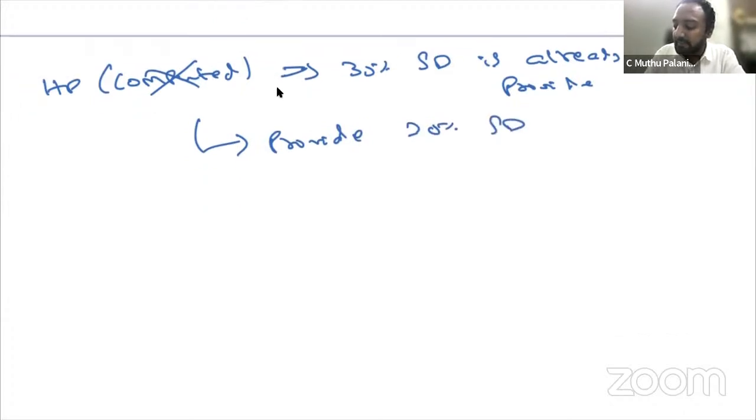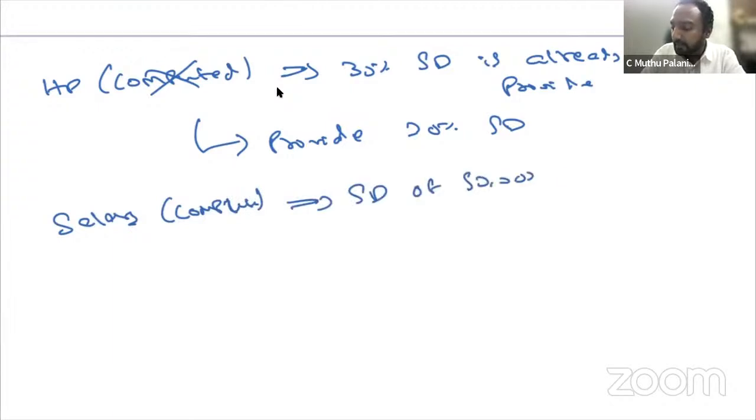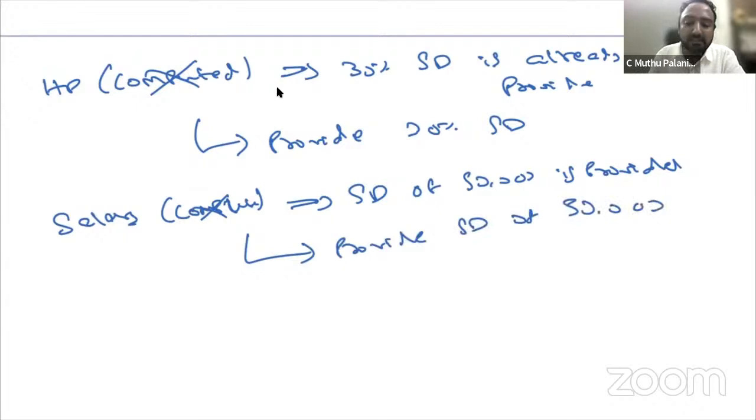Same way in salary: if salary uses the word computed, then it means the standard deduction of 50,000 is provided. In case the word is not provided, provide the standard deduction of 50,000. So these are critical things.